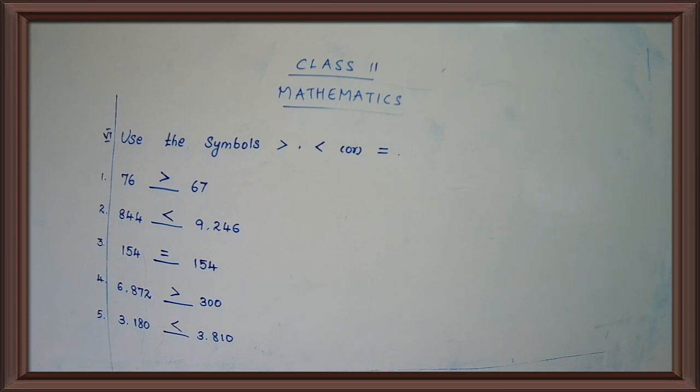Which one is the greatest number? Both sides have 4-digit numbers. Left side is 3,180 and right side is 3,810. So the right side number is the greatest, so we have to use the symbol for less than.